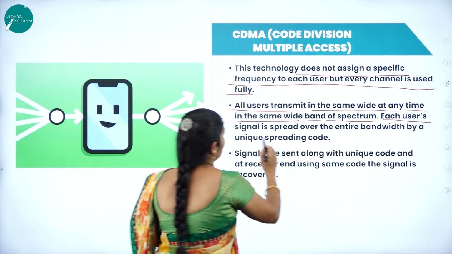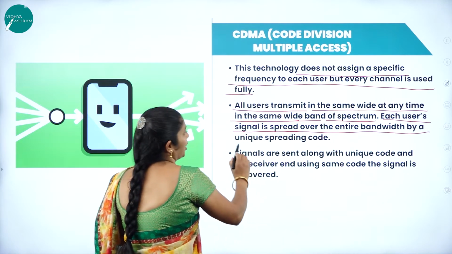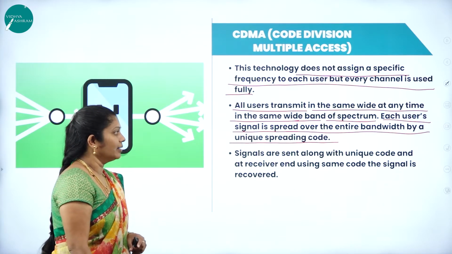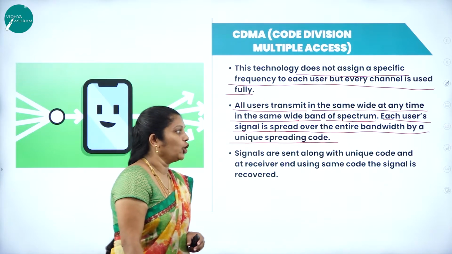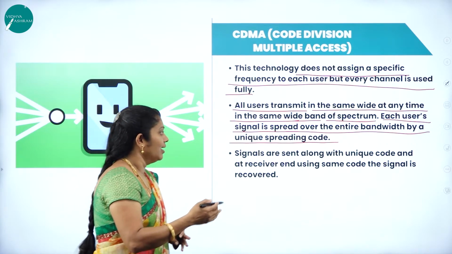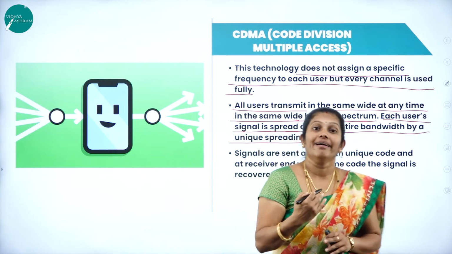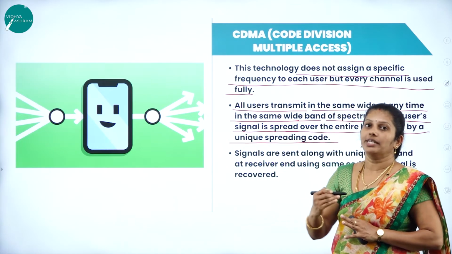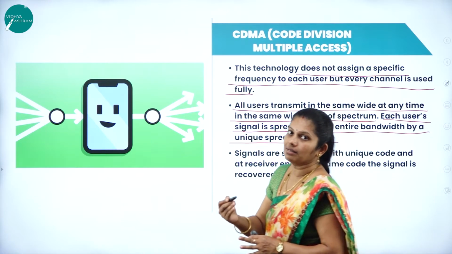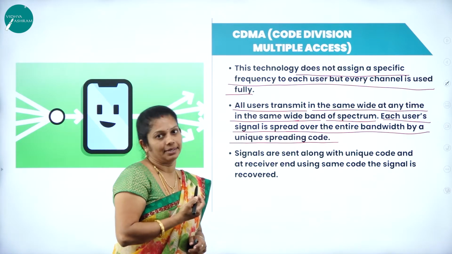Each user's signal is spread over the entire bandwidth by a unique spreading code. Signals are sent along with a unique code, and at the receiver end, using the same code, the signals can be recovered. From source to destination the data is sent with some code, and at the receiver side, with the help of the same code, the receiver gets the same result.